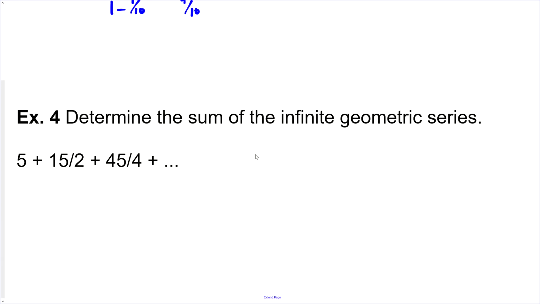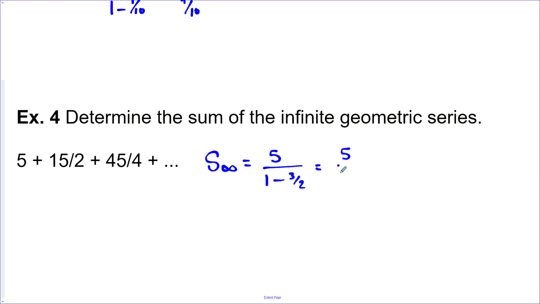Next one, determine the sum of this infinite geometric series. So we've got S infinity is equal to, the first term is 5 over 1 minus the common ratio. So it looks like the common ratio here is 3 over 2. And we can calculate this.